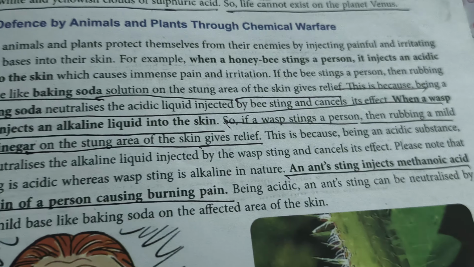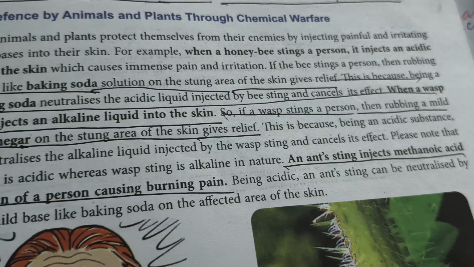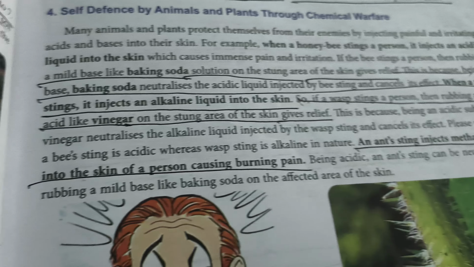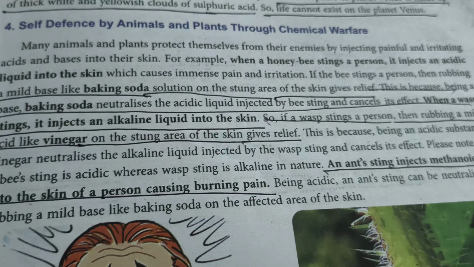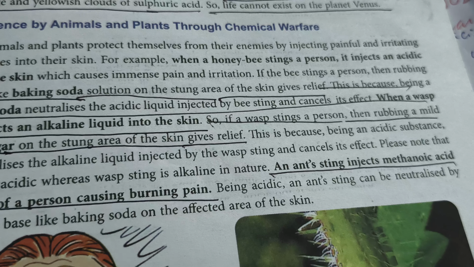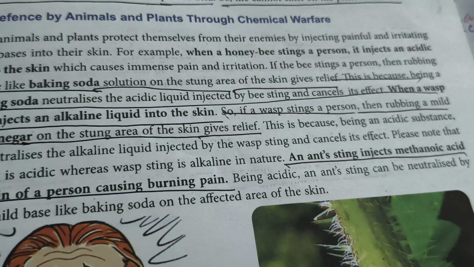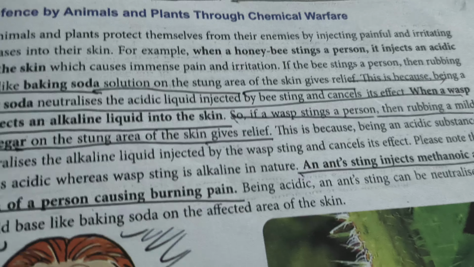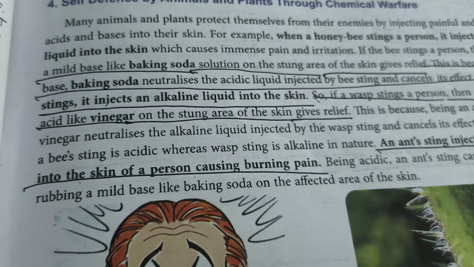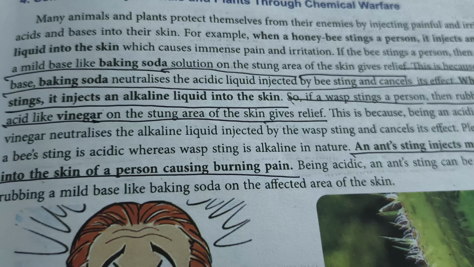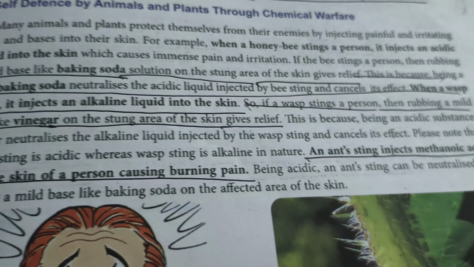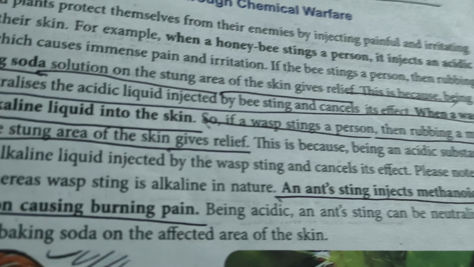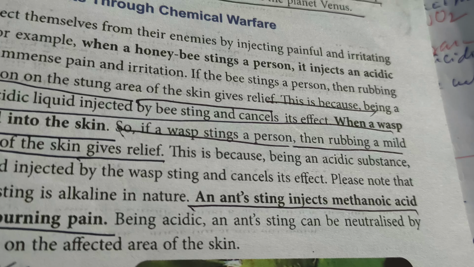Right. For example, when a honeybee stings a person, it injects an acidic liquid into the skin, like methanoic acid, which causes immense pain and irritation. If a bee stings a person, then rubbing a base like baking soda neutralizes the acidic liquid injected by the bee sting and cancels its effect.